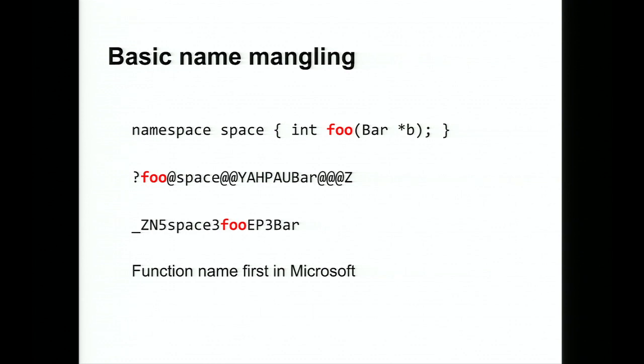Same point: the symbol comes first for Microsoft. And then, to handle overloads, you have to take the parameter types and mangle them in there somehow. And this all makes sense, right? This is basic stuff. Doesn't matter what your character codes look like. This shouldn't surprise anyone.